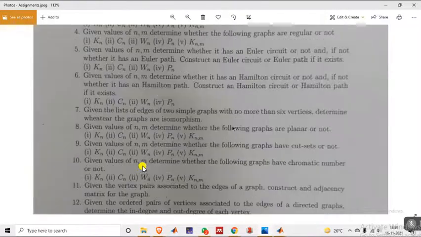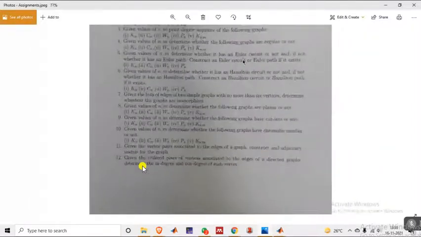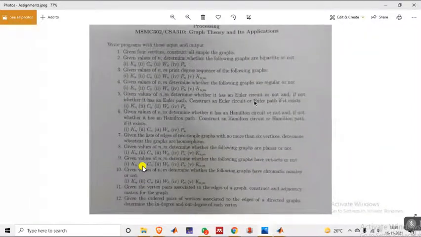Okay, sir. Yeah, anything else in the graph theory questions? Sir, for checking whether two graphs are isomorphic or not, how do we check the same number of circuits?